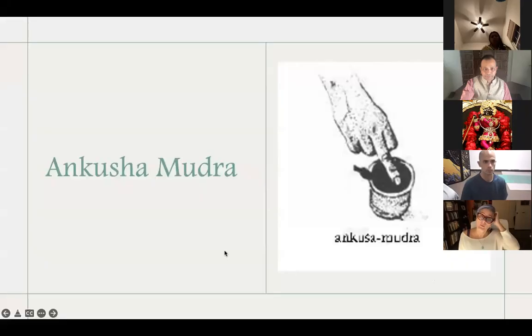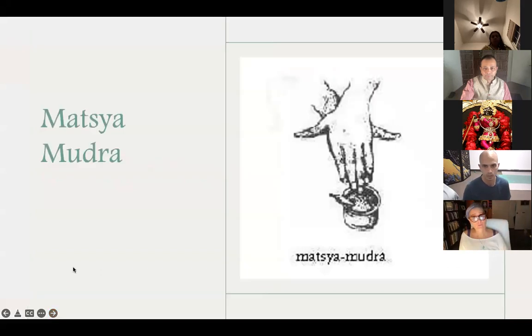Ankusha means like how an elephant is tamed. So you just have to bend the middle finger like that. There. So this is called Ankusha mudra on the water. So this is only with the right hand. Okay. All right. So after this Ankusha mudra, then to purify the water, we do Matsya mudra. So Matsya mudra is easy.